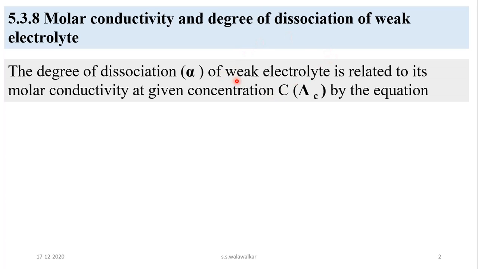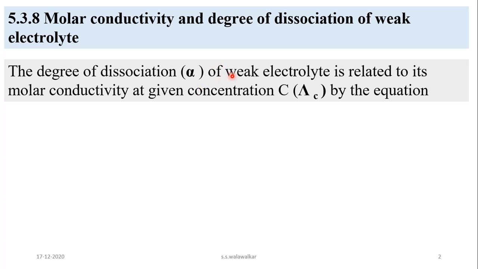As weak electrolyte undergoes partial dissociation, the fraction of total number of moles of electrolyte that dissociate into its ions when equilibrium is attained is called the degree of dissociation of weak electrolyte, and it is denoted by letter alpha.